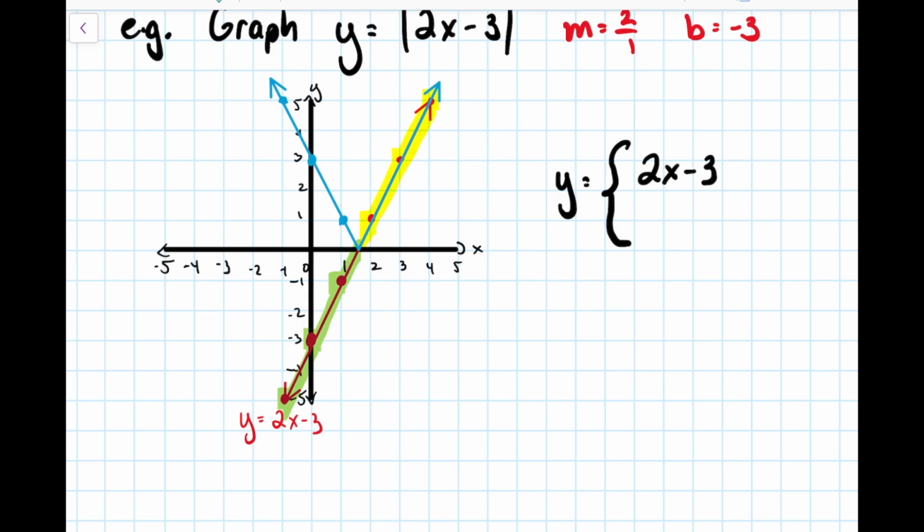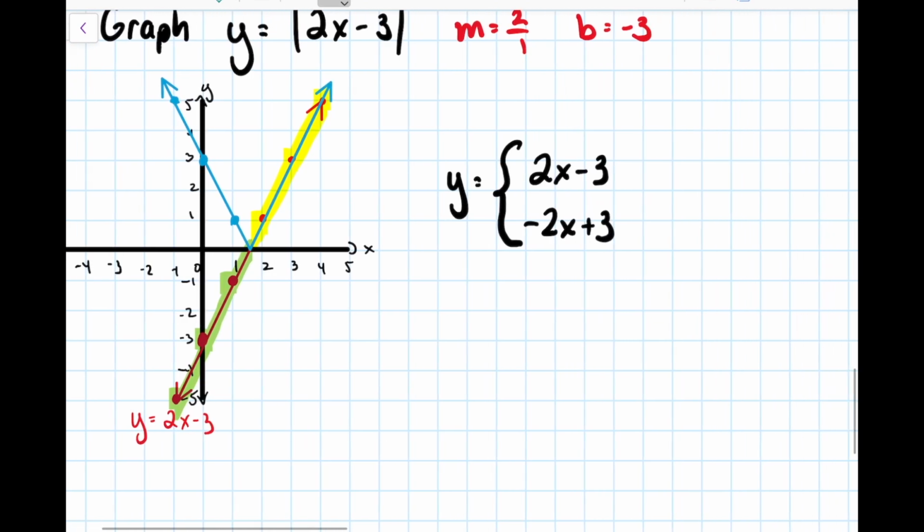And the y-intercept is now positive 3 instead of negative 3. So the second half of your piecewise function, this bit here, is always just going to be the opposite of the original function. And when I say opposite, I just mean opposite signs. So all you basically do is just multiply everything by negative 1.